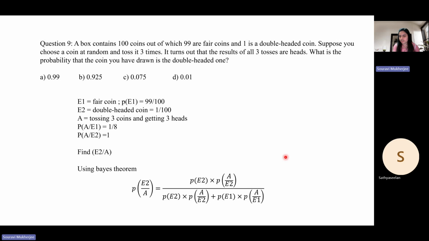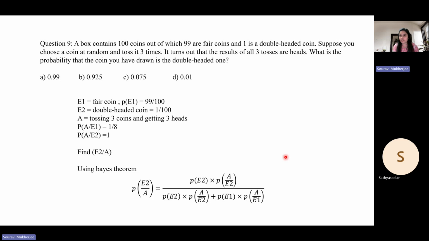If you are interested, you can also go through the derivation once just to get an idea. It is very easy to derive using Venn diagrams. These theorems are very useful, especially in later questions, when we talk about random walk and stuff like that.